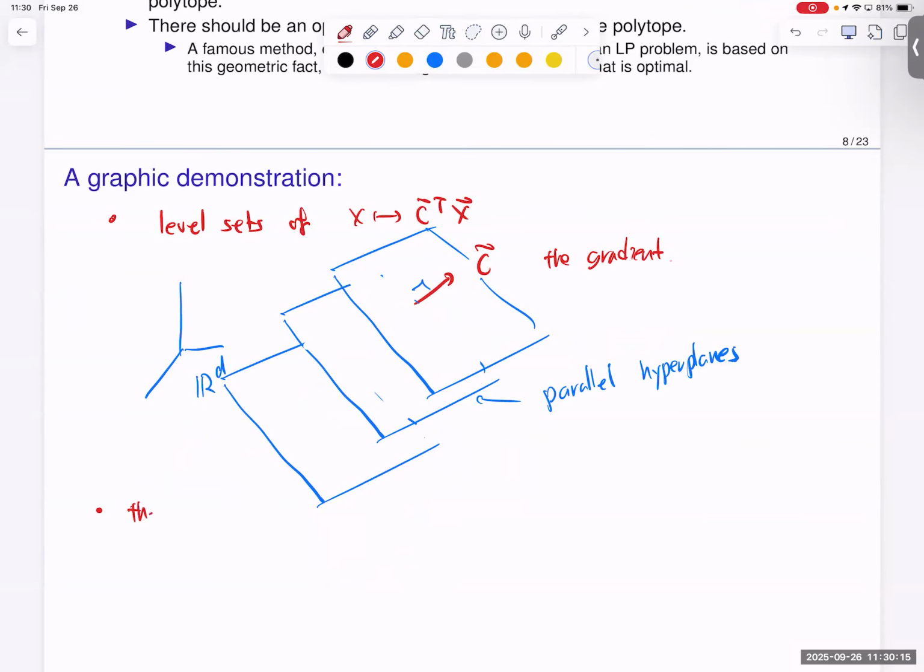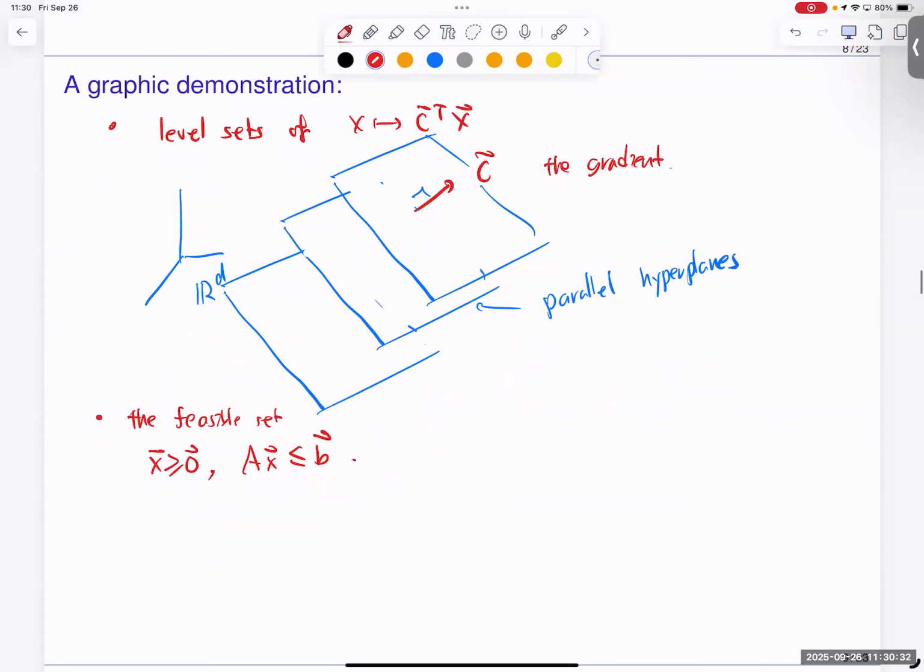Then what about the feasible set? First of all, you have, let's say, x bigger than or equal to 0 as a vector, and Ax less than or equal to b as a vector. Okay.